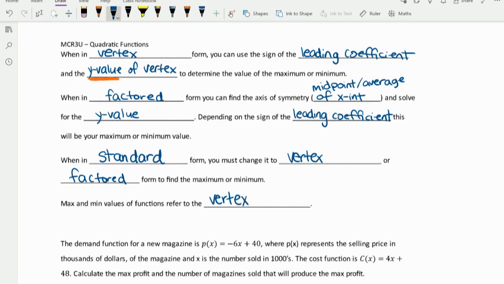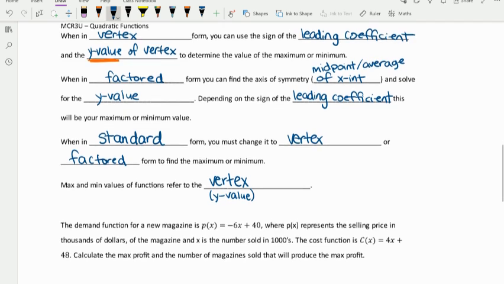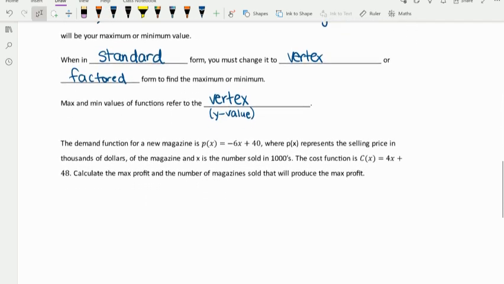Okay, when I say find the max or the min, you're looking for the vertex. When you have to state the max value or the min value, we're specifically looking for the y value of the vertex. But you should be able to state the vertex, and if I ask you specifically in a word problem, you can interpret it using the y value.